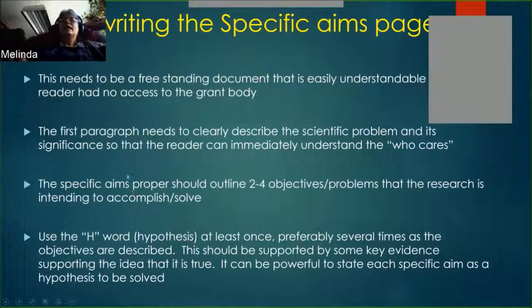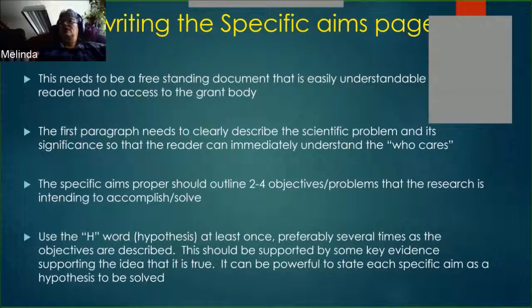Okay. Now, the specific aims proper, those are your 2 to 4 objectives or problems that the research is intended to accomplish and solve. For Ks, 2 aims is usually fine. The standard grant is kind of 3. But to be honest, I have 2 R awards, and both of my R awards have 2 aims.